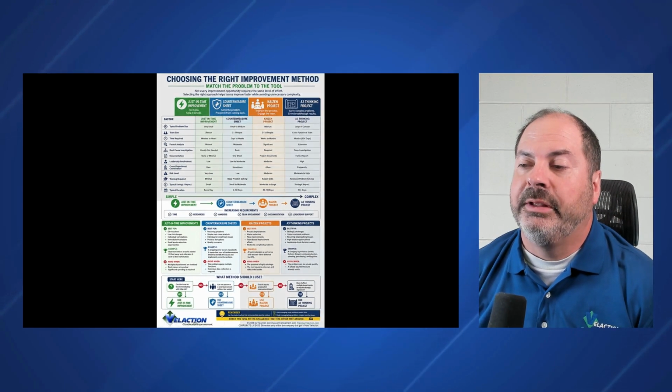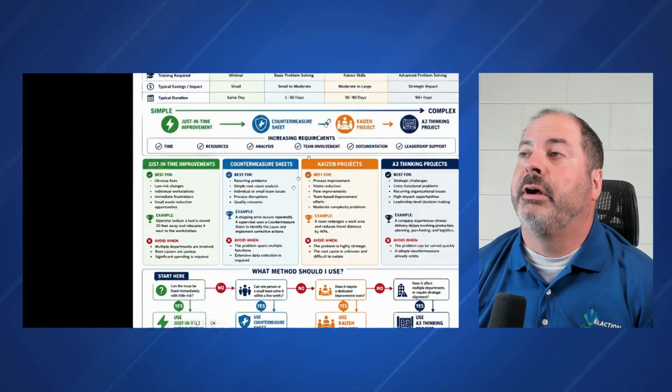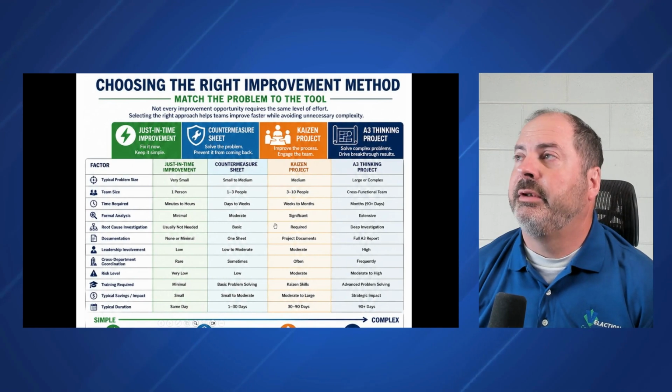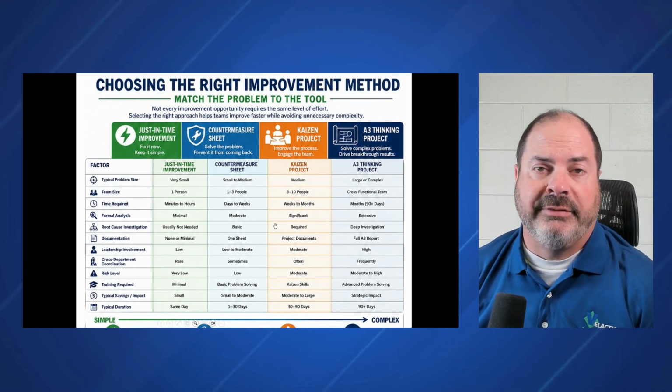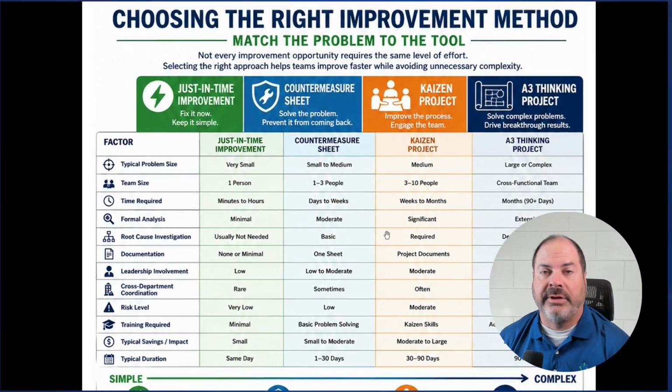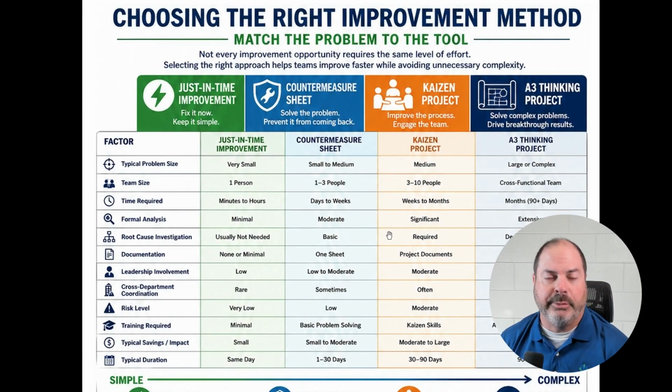The first thing to talk about is that when people think about continuous improvement, they often gravitate to either Kaizen or to A3, depending on what their experiences are. Kaizen is probably the most common thing that people think about for continuous improvement. But there's a couple other ones. There's the just-in-time improvement, where you just empower your employees to make quick, on-the-spot changes, and you have to make sure that you have specific parameters for them to do that.